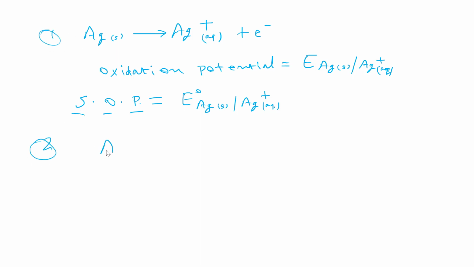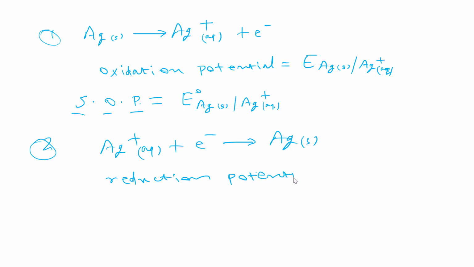For reduction potential, if we write the reduction reaction, it is Ag plus aqueous accepting an electron to produce Ag solid. Here we represent reduction potential by the symbol E, Ag plus aqueous oblique Ag solid.